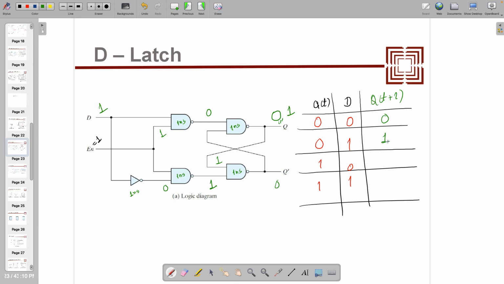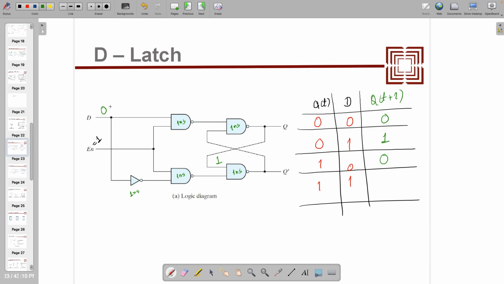Same way, somebody can tell me what is going to happen if one of the input is 1 and another is 0, hence this is 0. What will the output? Qt+1 after 4 nanosecond, how much you are going to get it? 0. Yeah, Brushti. What about the third one, fourth one?